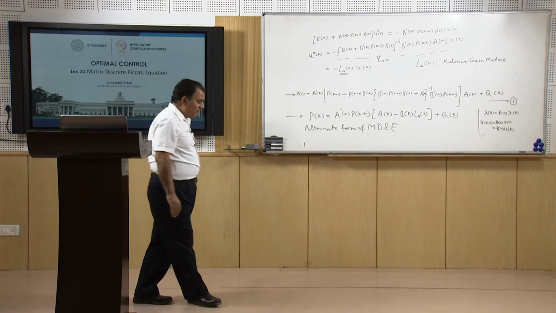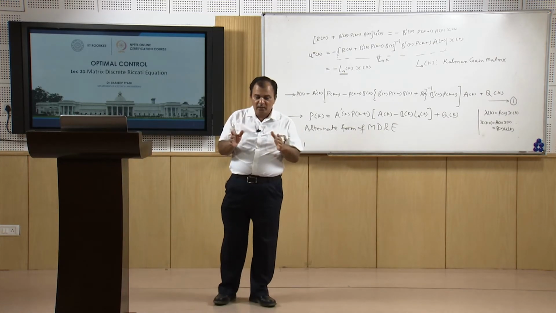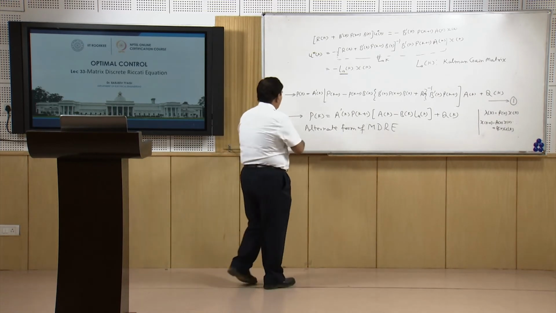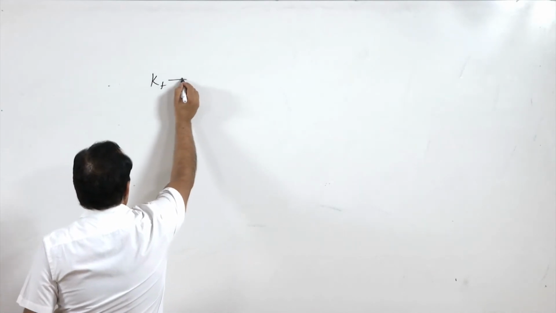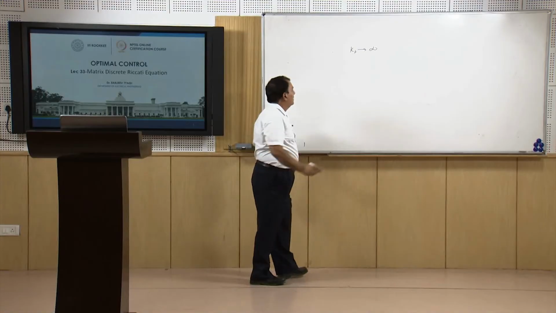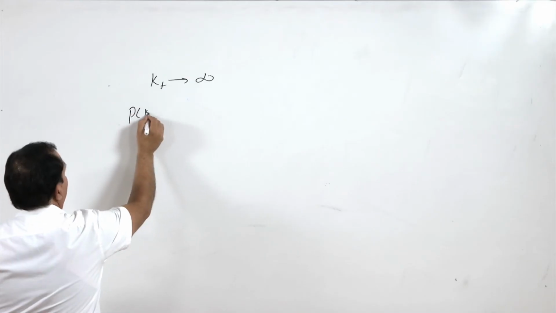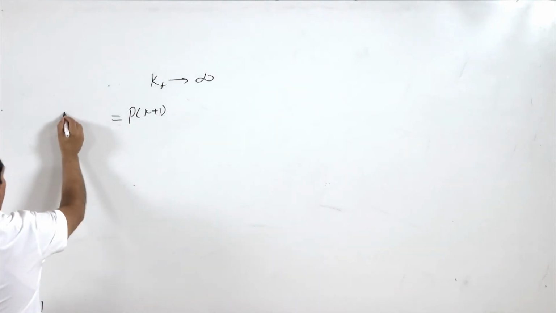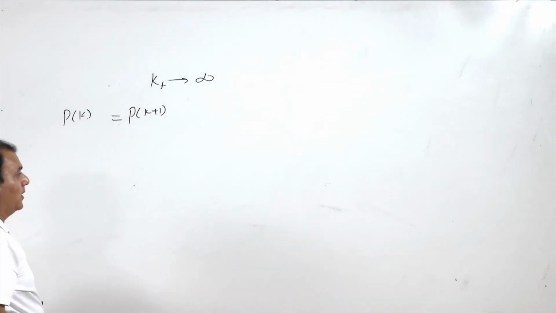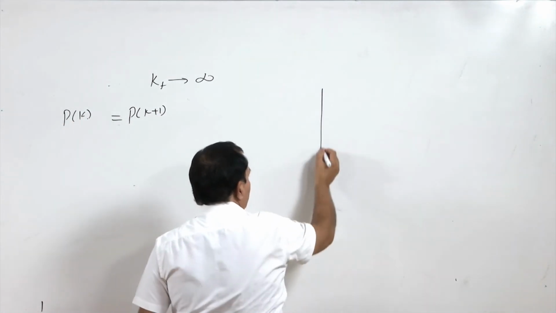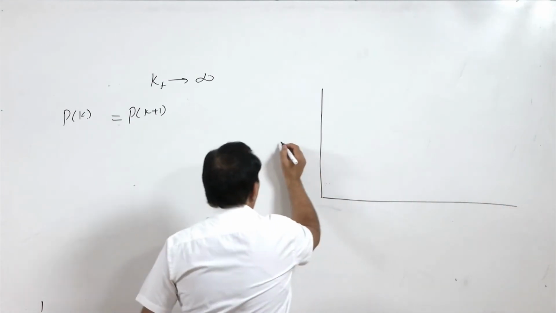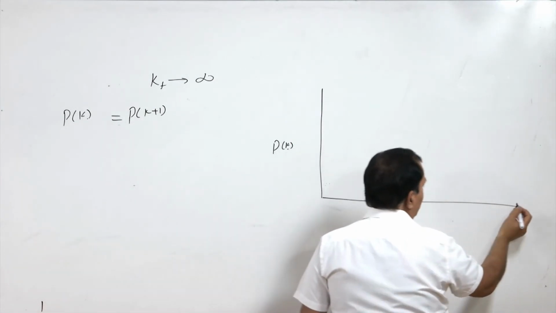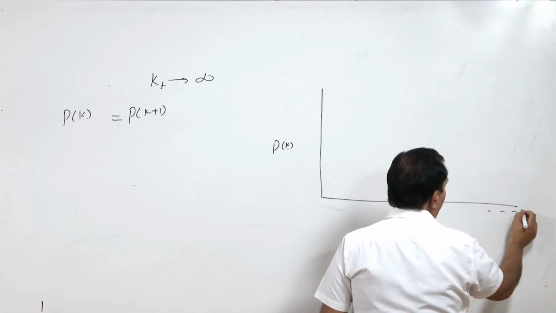Now, this was the time varying case. As my K f approaches infinity, my P k plus 1 is nothing but its previous value of P k. This means we are starting evaluating the P k from K f, a very large value, infinity.